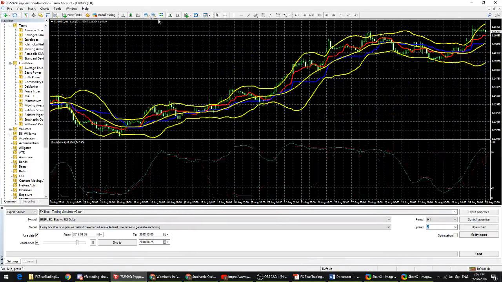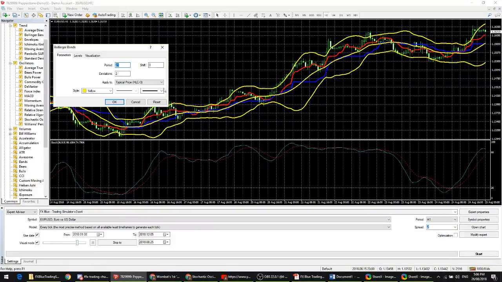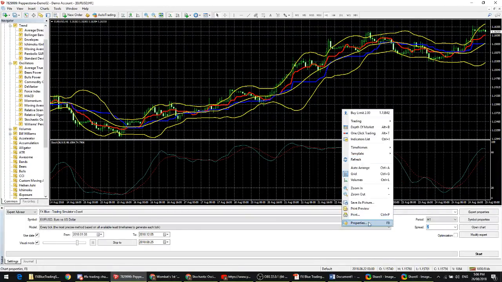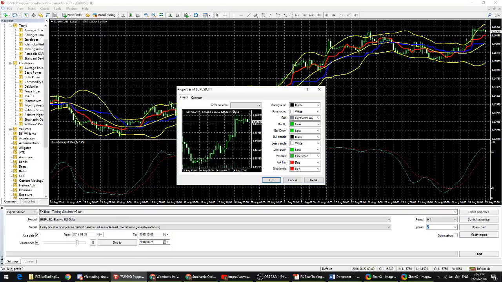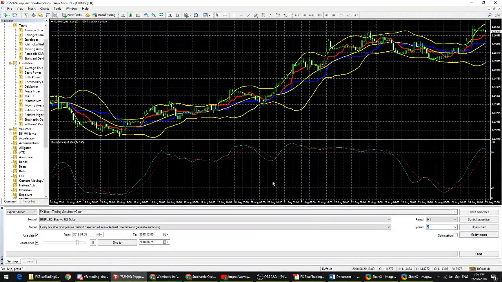Whoa, how crazy is this looking? Let's calm that down a bit. Bollinger Bands, calm down. That's a bit better. Alright, now we're starting to get a bit obscured here, so we'll come in here and make sure the chart's in the foreground so that the bars are in front of the lines.